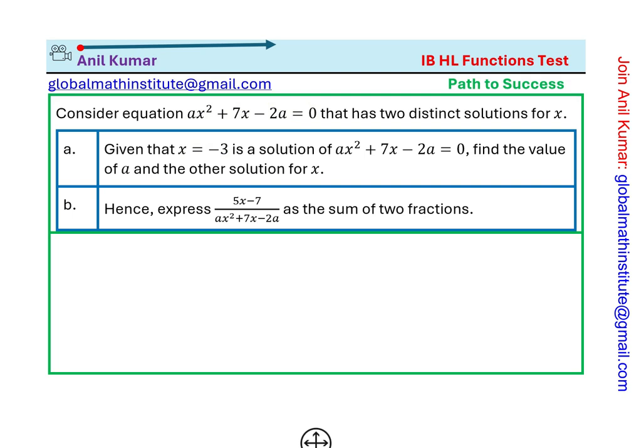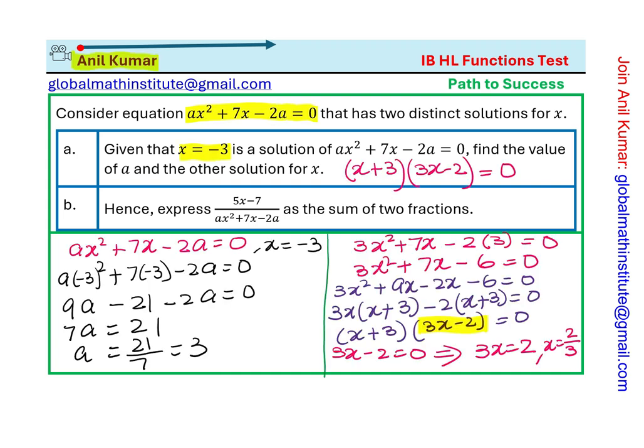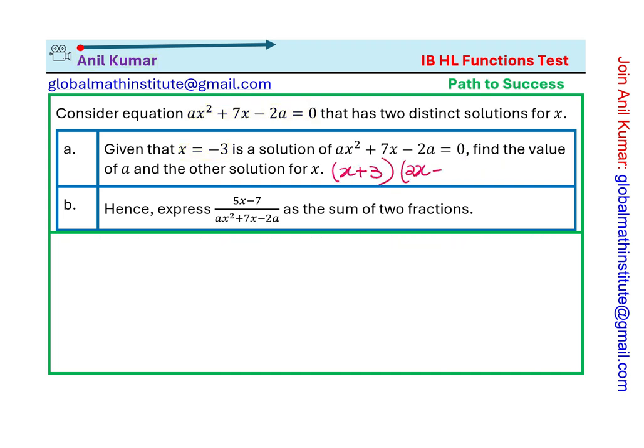So this equation which we wrote is actually x plus 3 times 3x minus 2 equals 0. So one root is x equals minus 3, already given to you. The second one is 2 over 3.